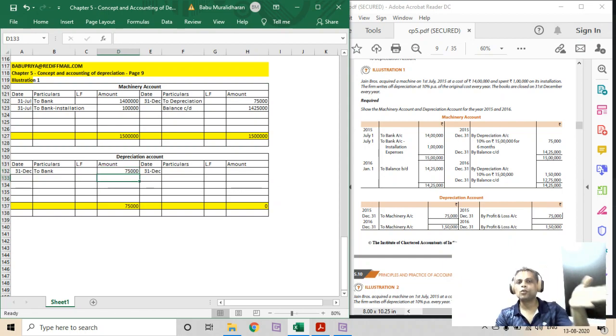Depreciation account debit to, we discussed in the earlier class, two options: depreciation to provision for depreciation account, or depreciation to machinery asset account. Let's try the first one. Depreciation to machinery account.